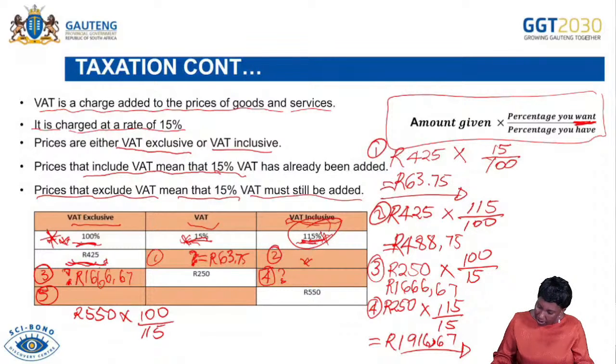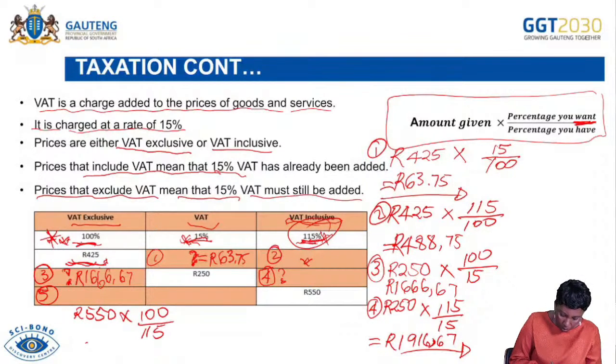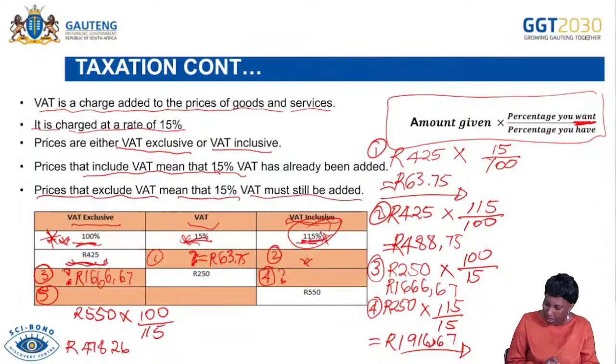Then I get my answer to be 478 rand 26. Now looking at this one, it is 478,260869 and so on.